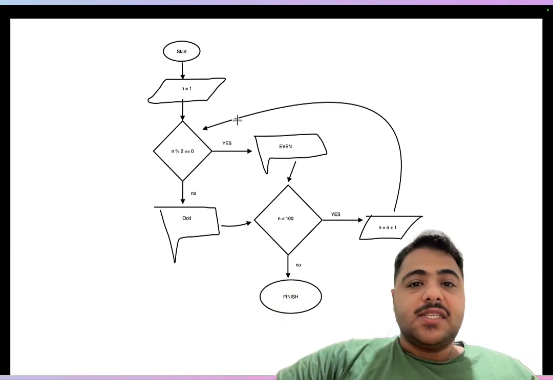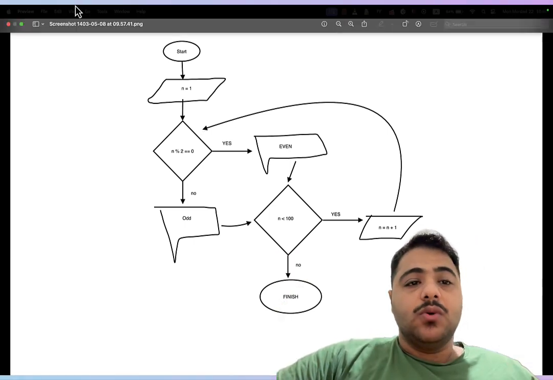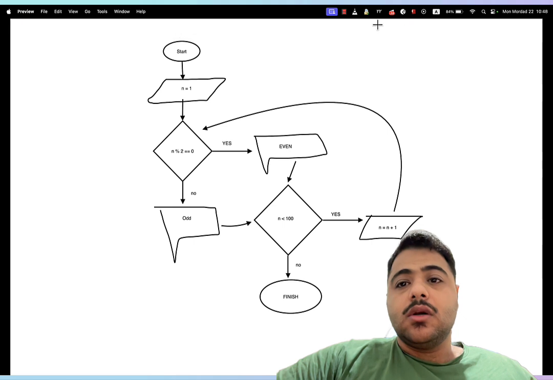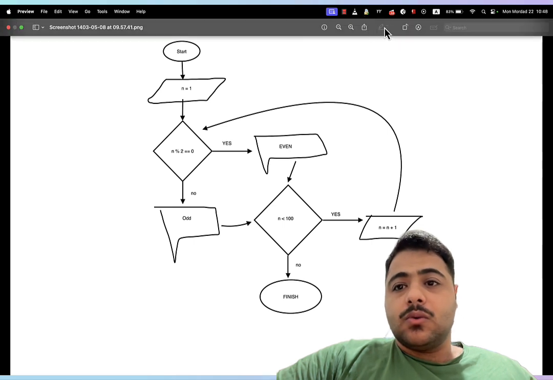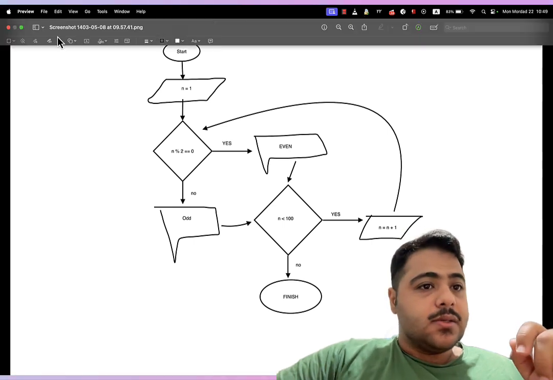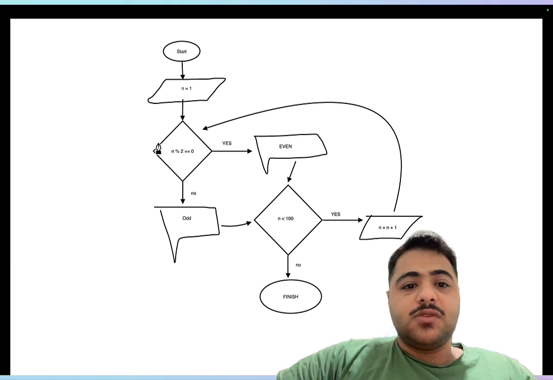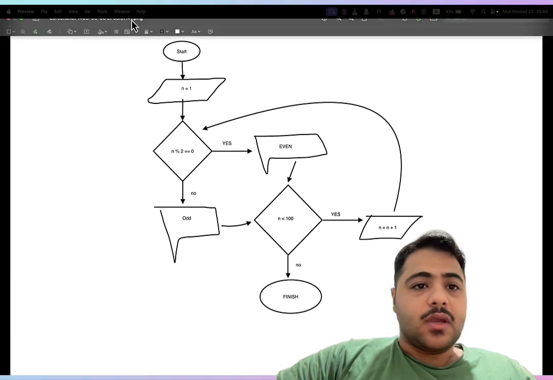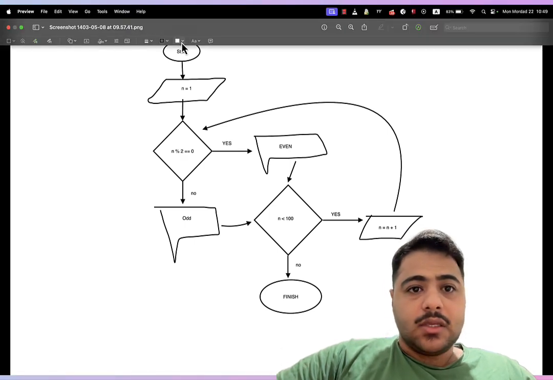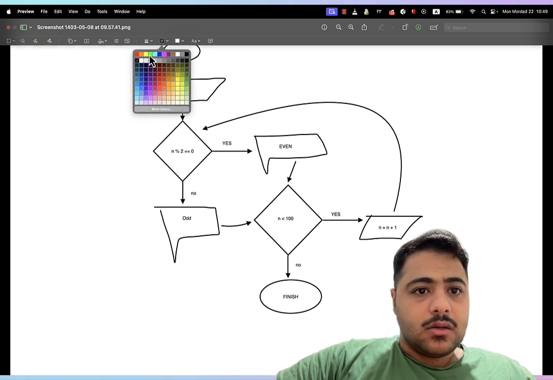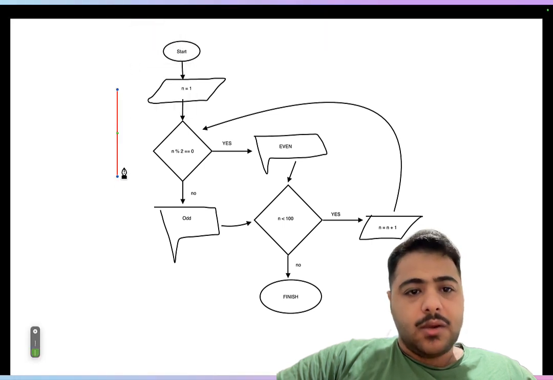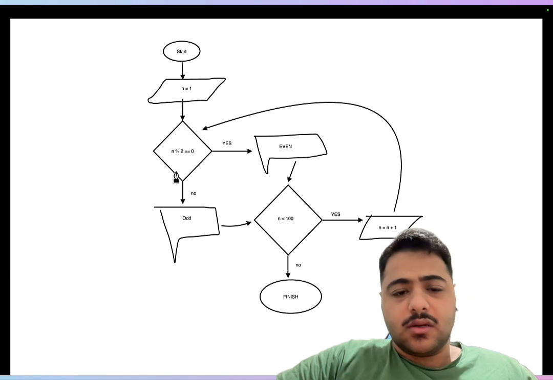So basically speaking, a loop has two parts. The first part, I'm going to highlight it with another color, probably red.